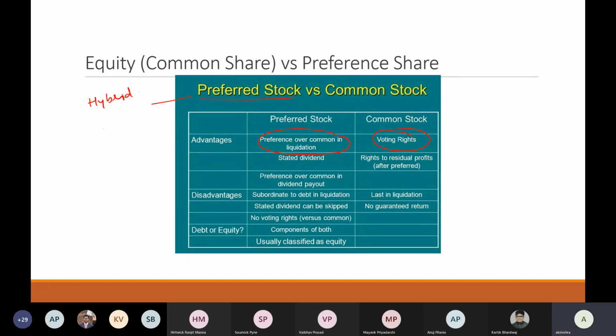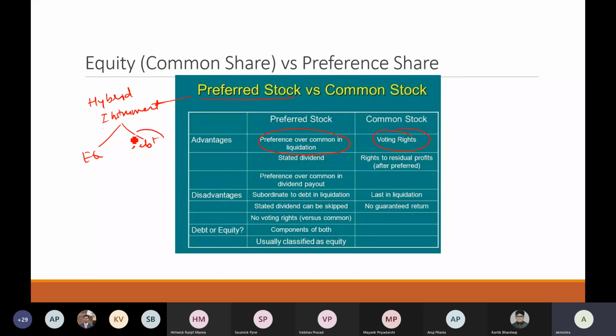In case of preference shares, your preference stock or preference shareholder, this is a kind of hybrid instrument. If you have studied corporate finance or some type of courses, you will find that preference shares, or preference stocks, are hybrid instruments. Why hybrid? Because these instruments have characteristics of both equity and debt.